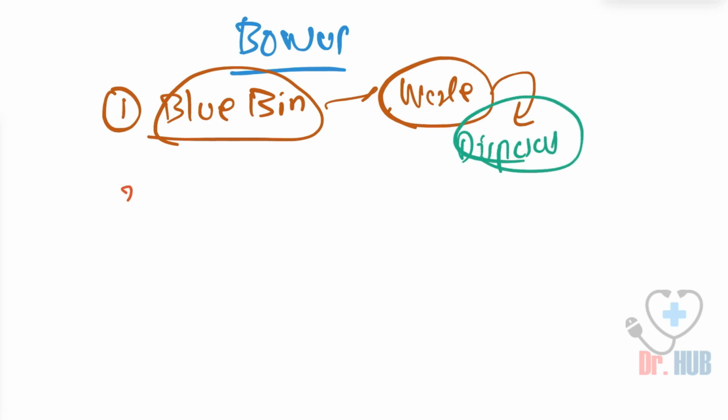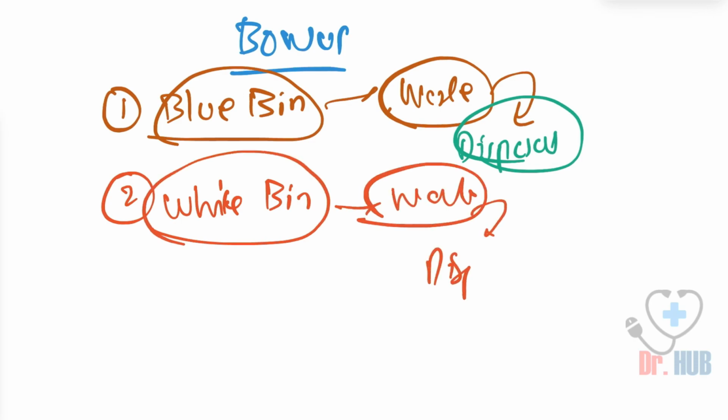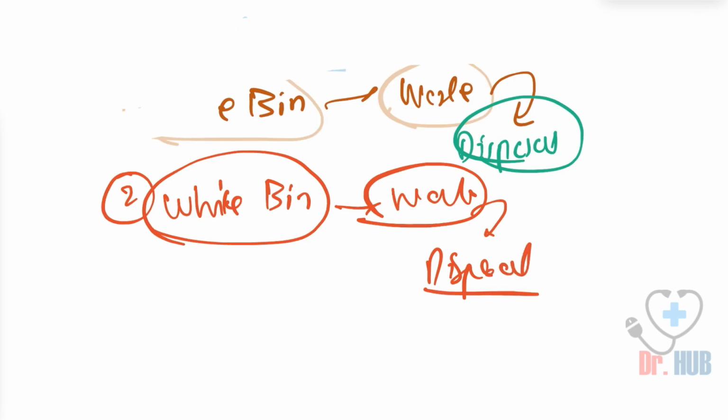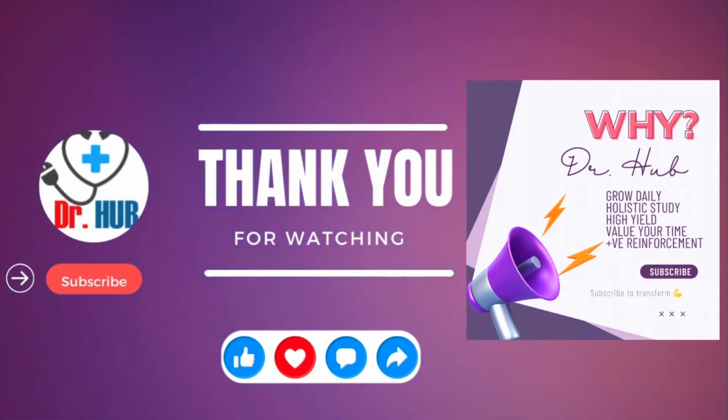The next question is, what is the role of the white bin? What are the waste and the disposal of the white bin? You can answer these questions in the comments.